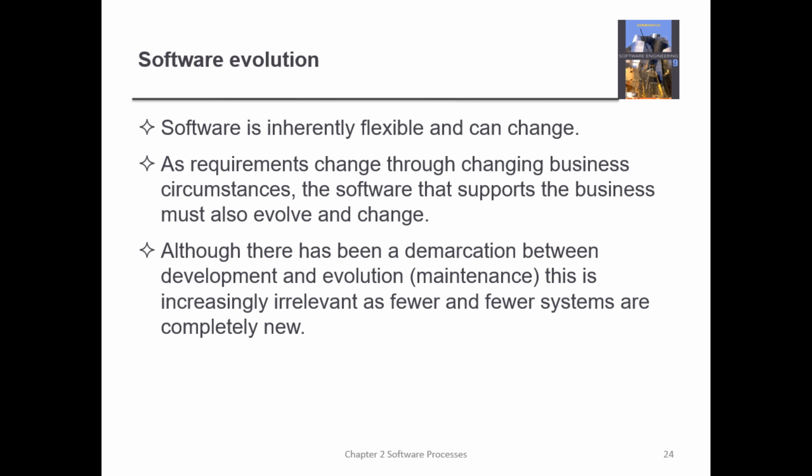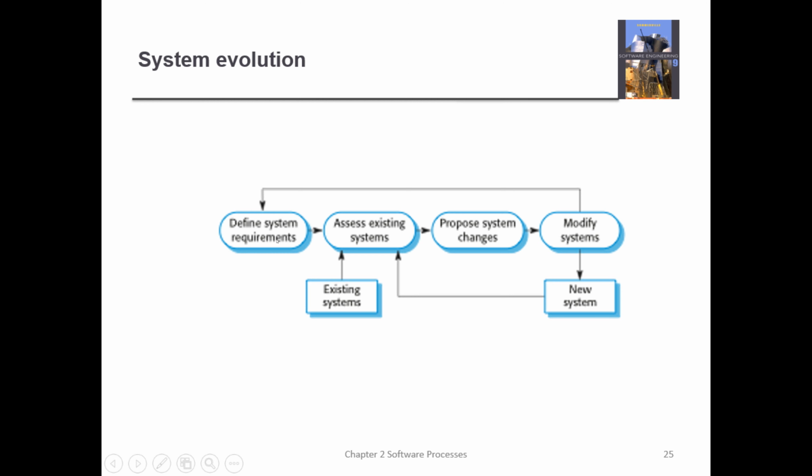So this is the process of system evolution. You define the requirements that have come up, the new requirements. Then you assess the existing systems. So you look at the existing system and see if these requirements can be incorporated, or to see whether the requirements that they are talking about are really missing.